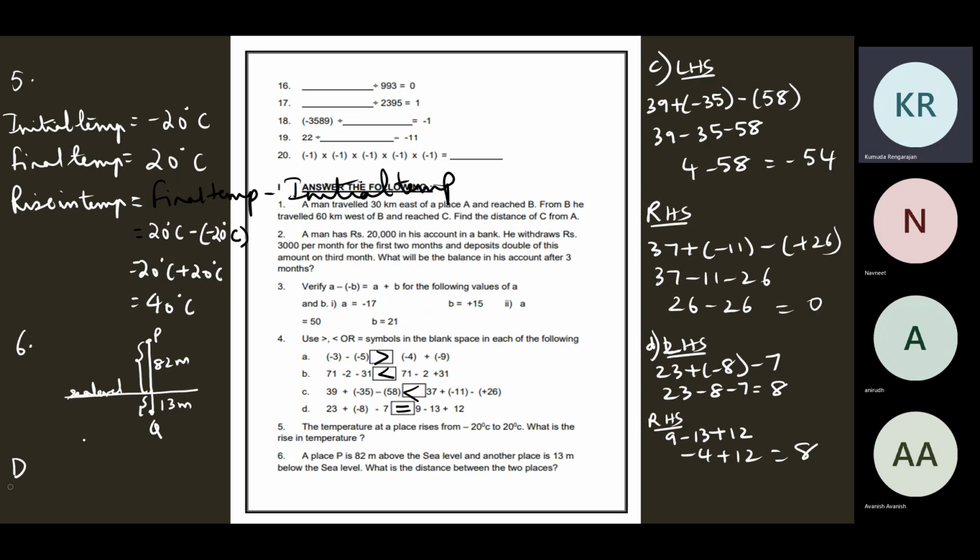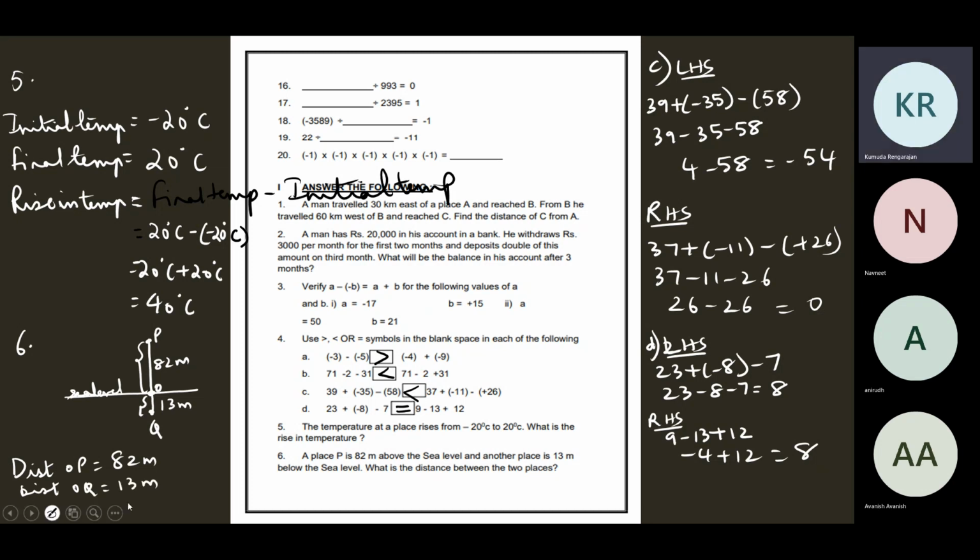If you want to show the steps in detail, you can mark this point as O and you can say distance OP is equal to 82 meters. Distance OQ is equal to 13 meters.